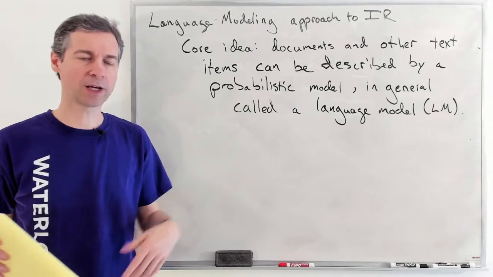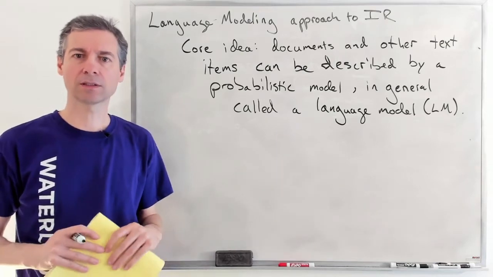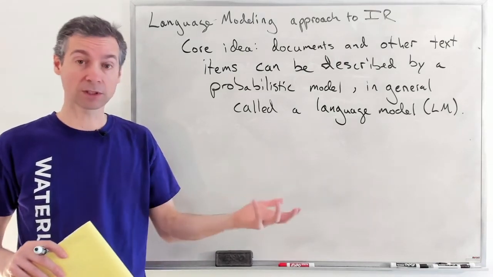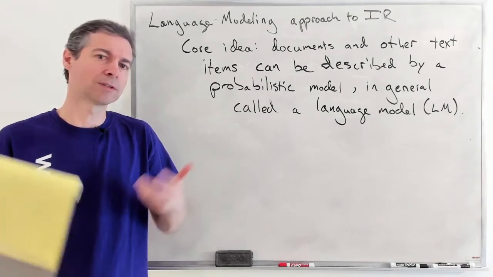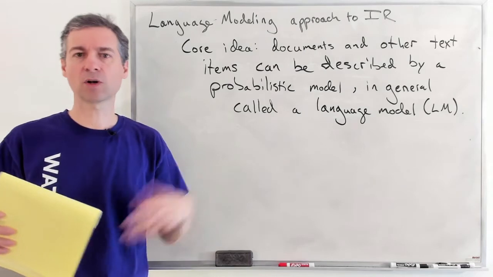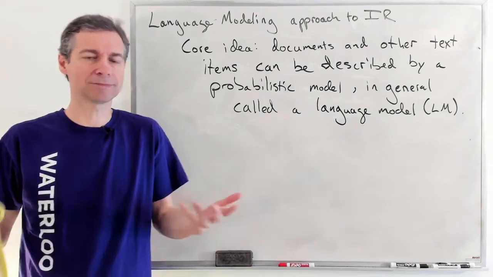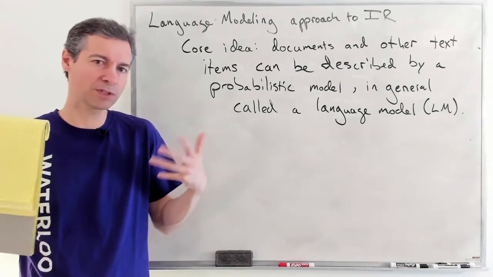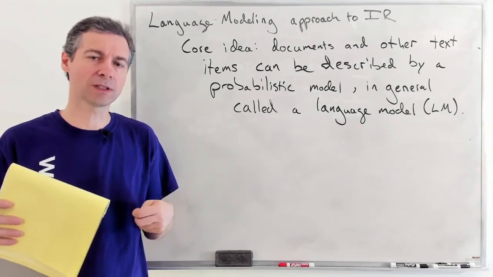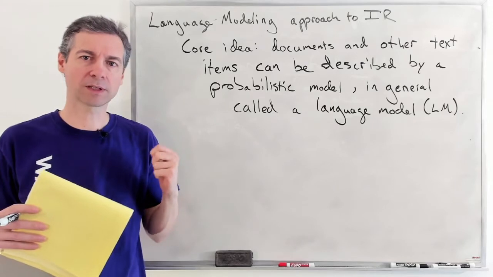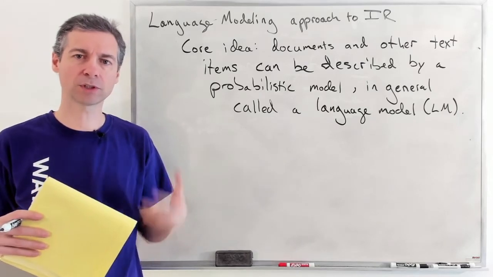The BM25, certainly there's theory behind it, but the final result, I mean, we didn't go through the derivation, but we sort of end up at the final thing, and we see important stuff in it. These important ideas like the saturation of the term frequency.